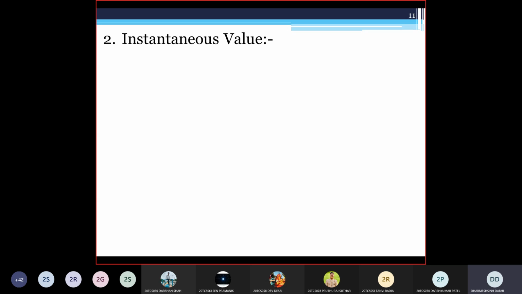Clear? Suppose I want to say that in a pure sine wave, what is the instantaneous value at angle pi by 2? Suppose I draw the waveform starting from omega t or angle 0. So what is the value at pi by 2?